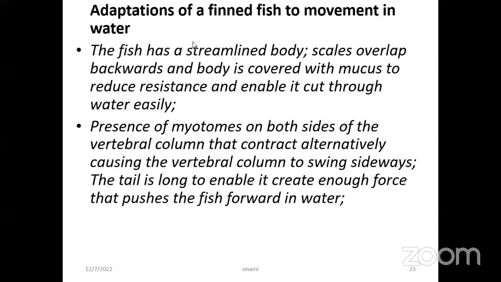You break down your discussion, if it's a messy, general one, based on all the functions of the fish. And then under each of the functions, you talk about the structures.